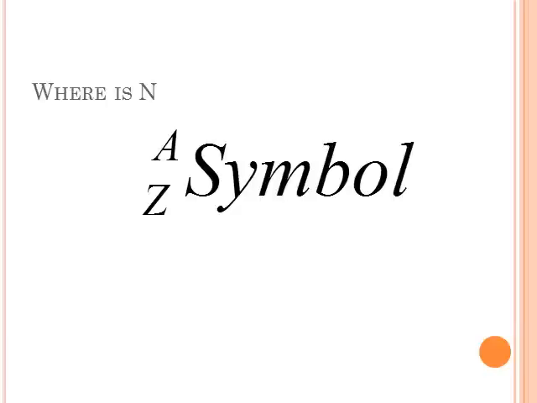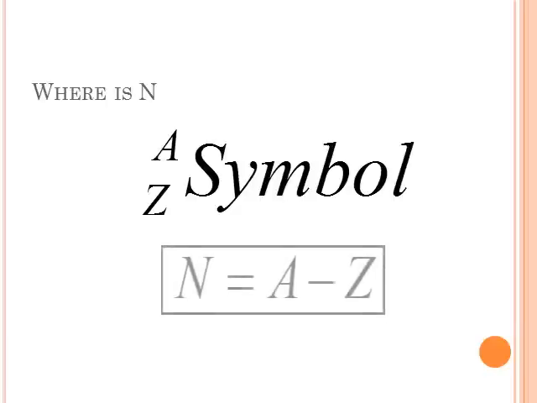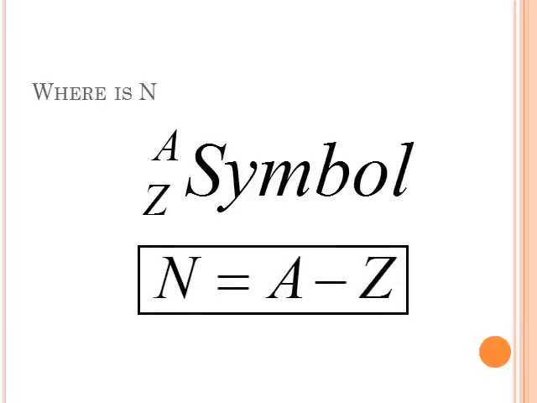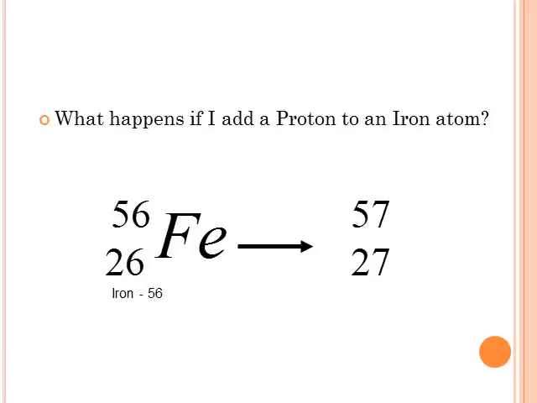This is how we represent any isotope. We always give the symbol that is shown in the periodic table, and then on top we put the number of nucleons, and on the bottom we put the number of protons. If you want to find the number of neutrons, you simply subtract the two. Just a quick check: what happens when you add a proton to an iron-56 atom?